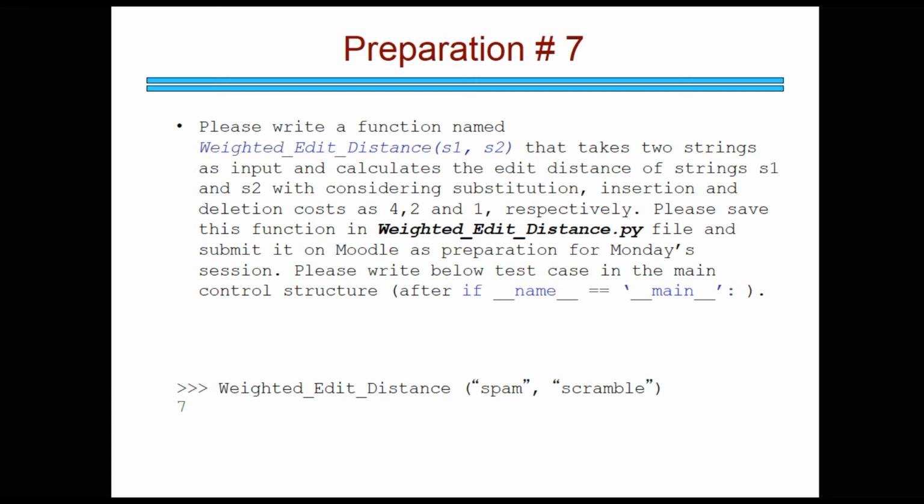But consider that the cost of substitution is 4, the cost of insertion is 2, and the cost of deletion is 1. How is our implementation different for the weighted distance function? Please implement your function in a weighted distance .py file and use the following test case. With this change, the weighted edit distance of spam and scramble is 7 instead of 5.